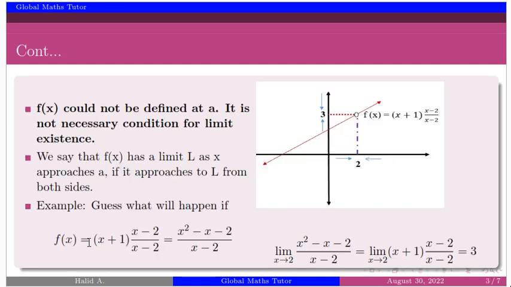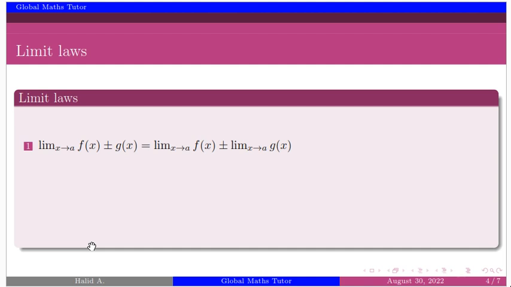Okay, if you know this, let's see some laws of limit. The limit of the sum or the difference of two functions is the same as finding the limit of f of x plus or minus the limit of g of x. So the limit is distributive over those functions.